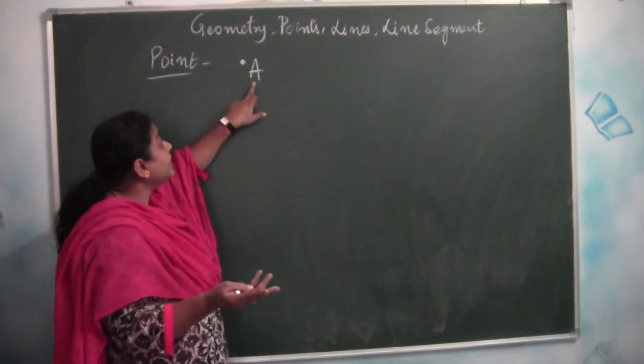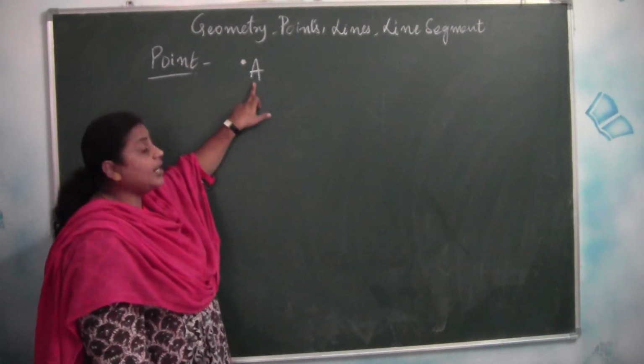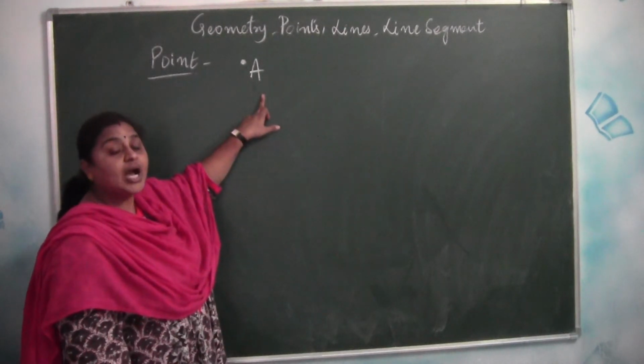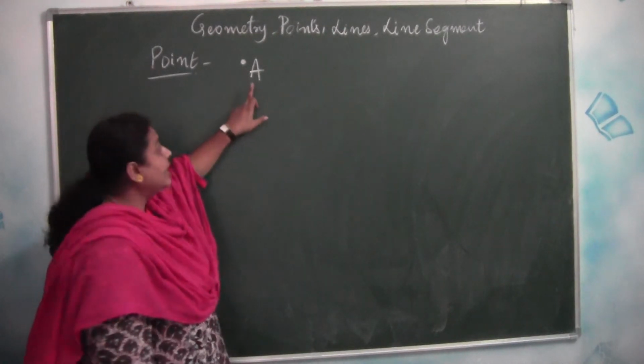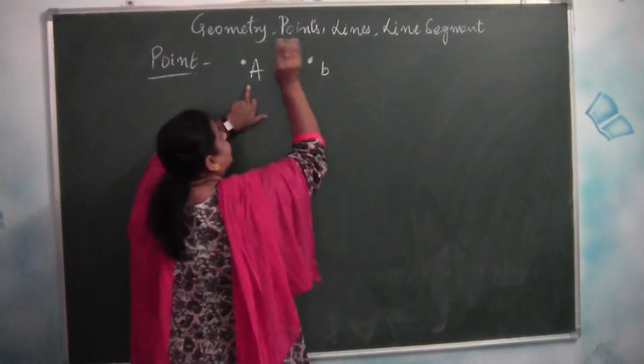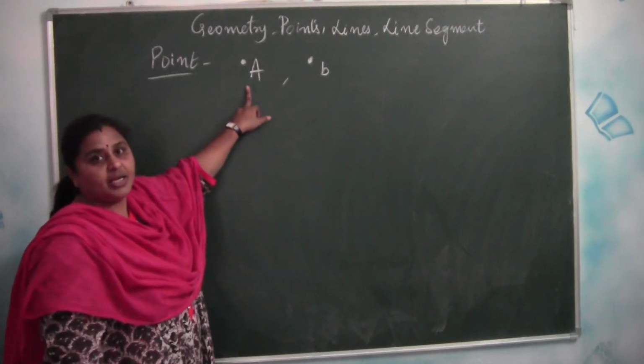Now how do I read this, as dot A? No. This one I am going to read as point A. Again, this dot is point B. Whatever it is, any alphabet you can give it.